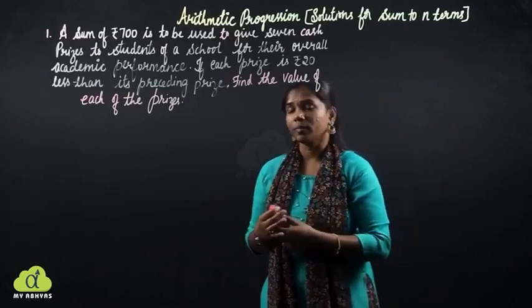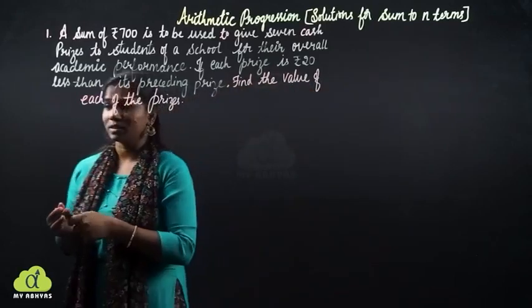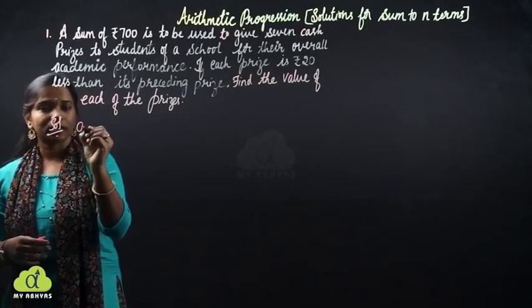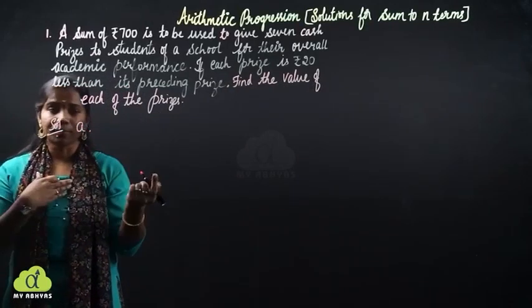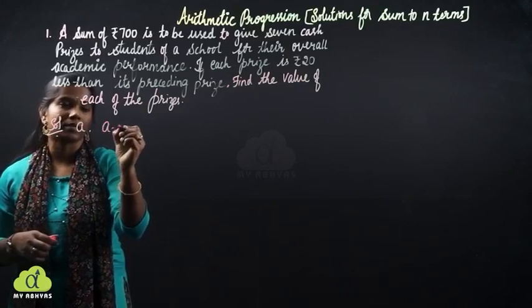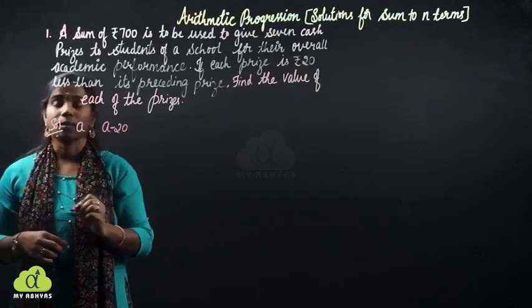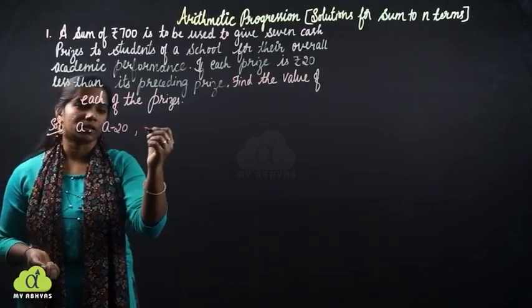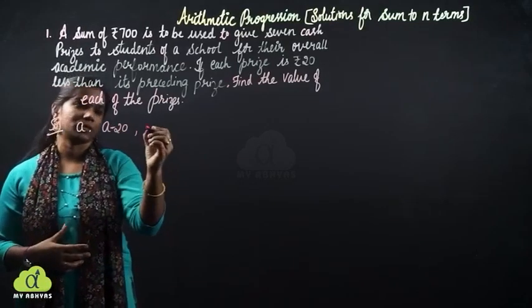Let us assume A is the first number. Solution: A gets some amount. The second person will get 20 rupees less, and the third person will again get 20 rupees less.